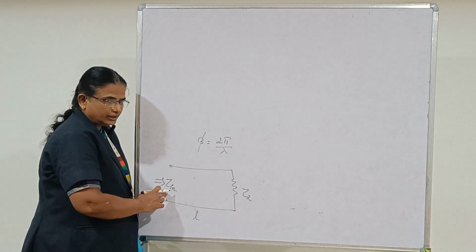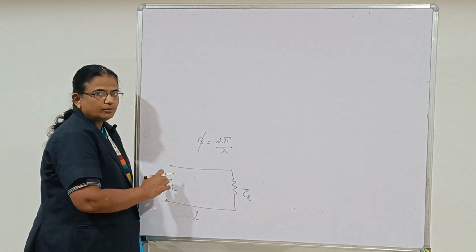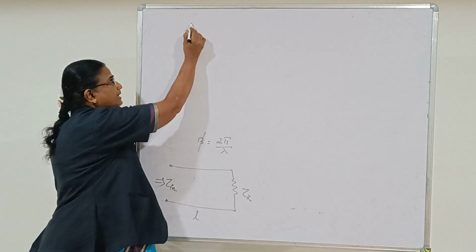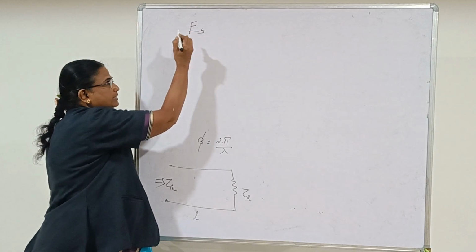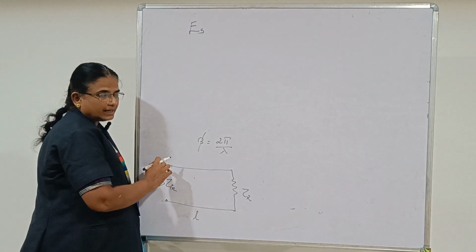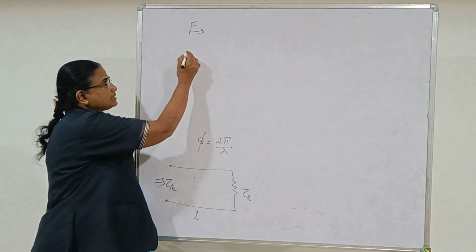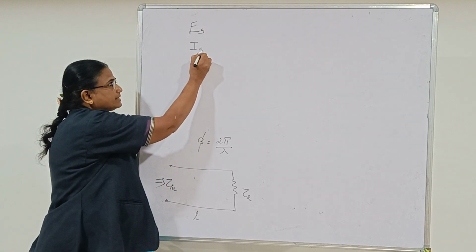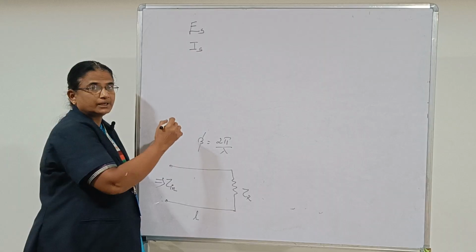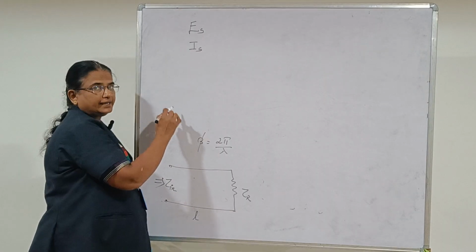The voltage across the input terminals is designated as the sending end voltage ES, and the current at the sending end is designated as IS.